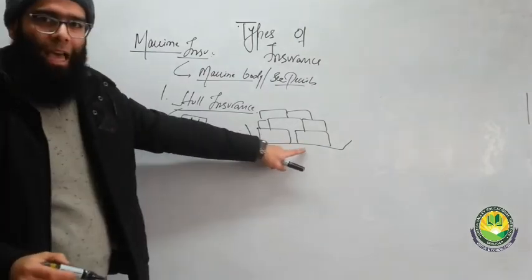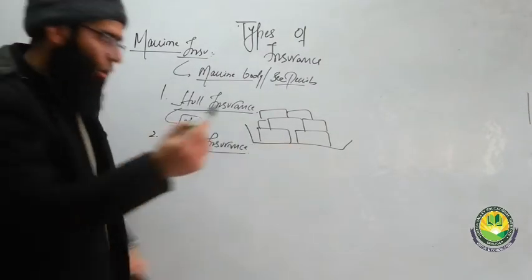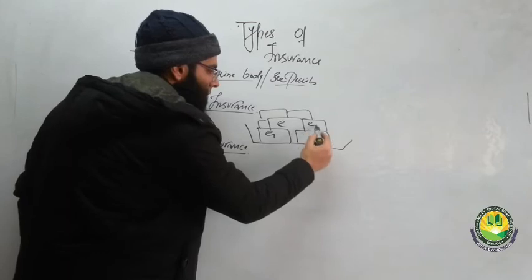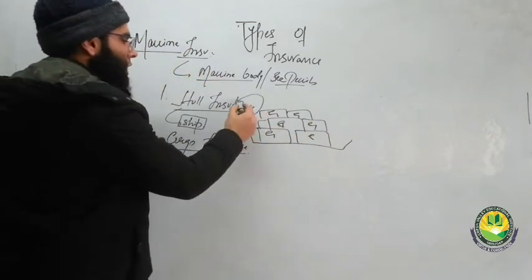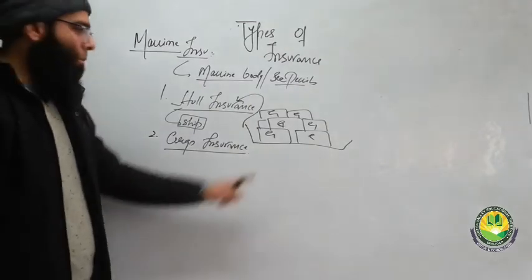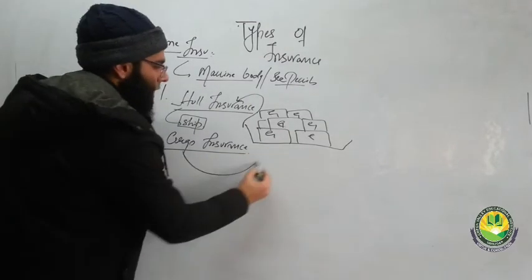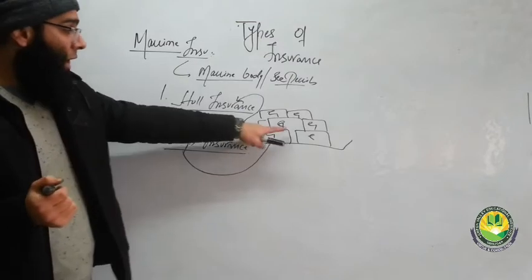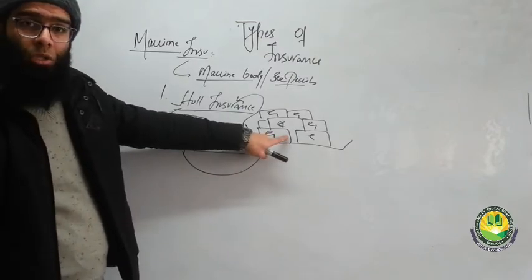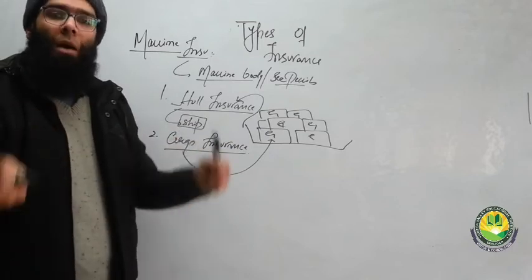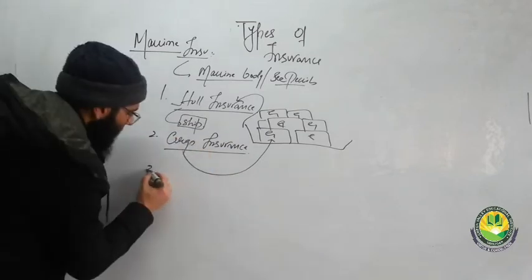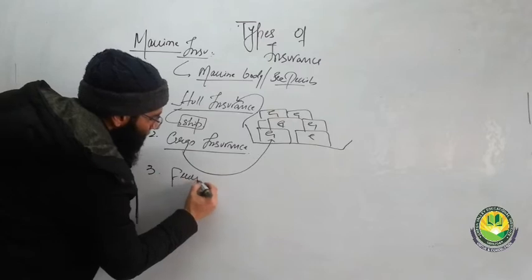So if the ship is damaged, most certainly the goods also may be damaged. So we can get insurance of the ship through hull insurance, but what about the goods? They'll be covered under cargo insurance. So if anything happens to these goods at sea, they are damaged, the compensation shall be paid up to the amount of damages. Then the third is freight insurance.